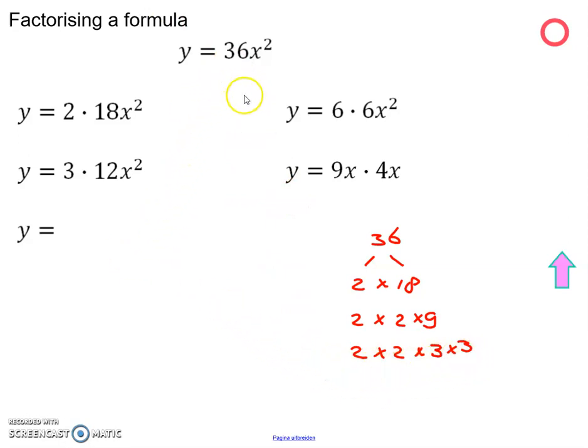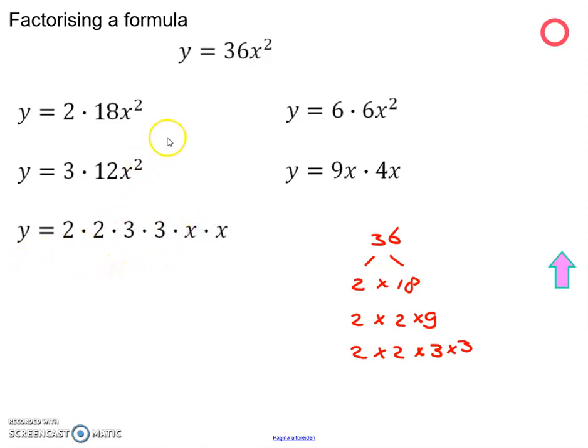But then there's also this x squared. And I can also write this as a product of factors. Let me first start with the numbers: 2 times 2 times 3 times 3. And then I could write times x squared, but then I do not have as many factors as possible, so I write down times x times x.